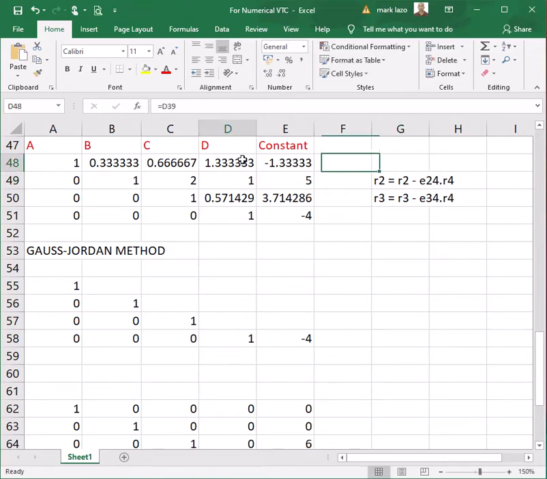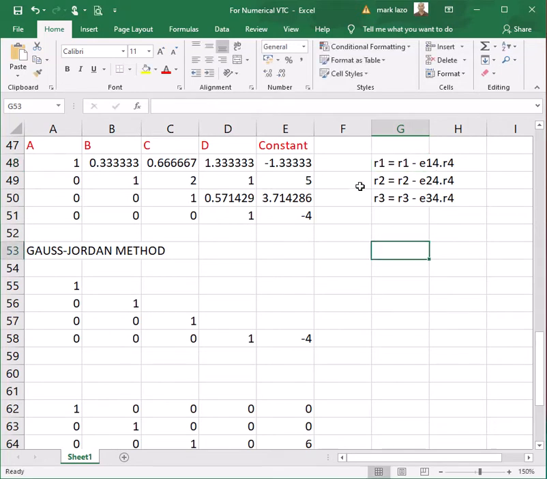And in order to make this one into 0, we need the formula R1, or the new R1, is equal to R1 minus the element in row 1, column 4 times R4.